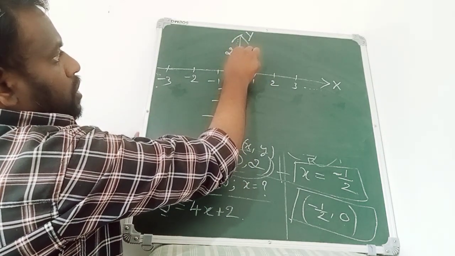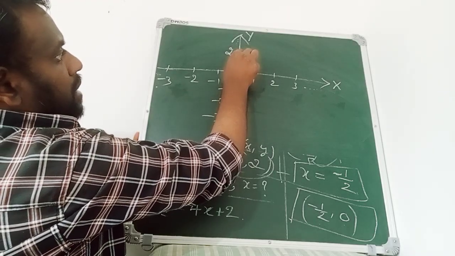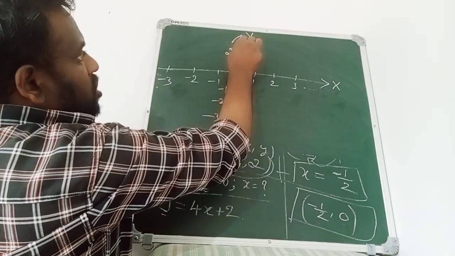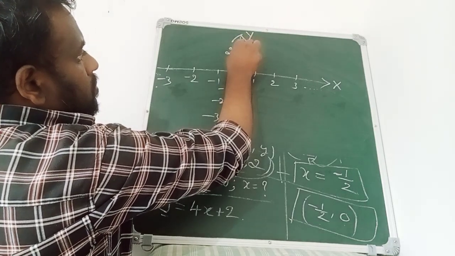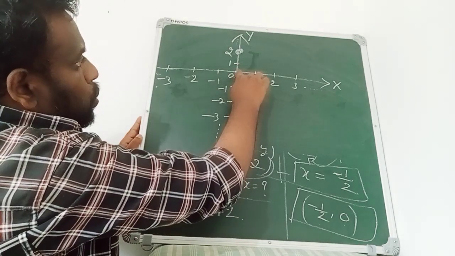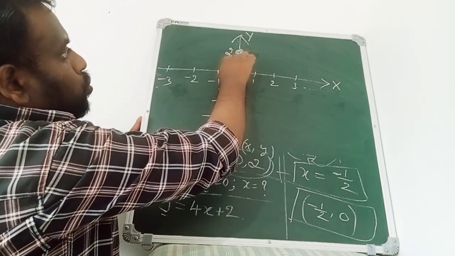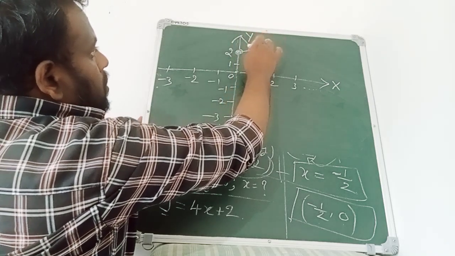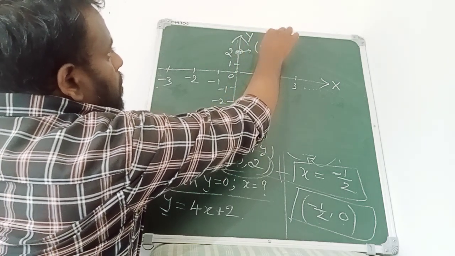So you have to mark, if you move like this, the y value is this 2. Now this is 1 point. Okay, so corresponding to this x is equal to 0, the y value is 2. So here you have to mark the point. So this point is 0 comma 2.